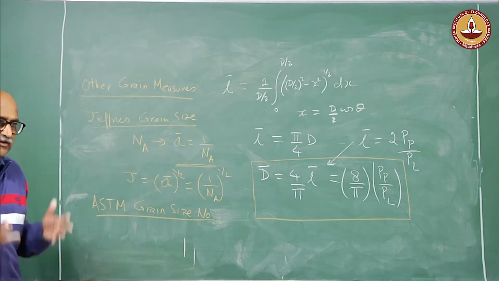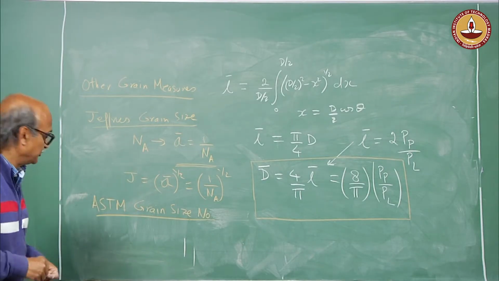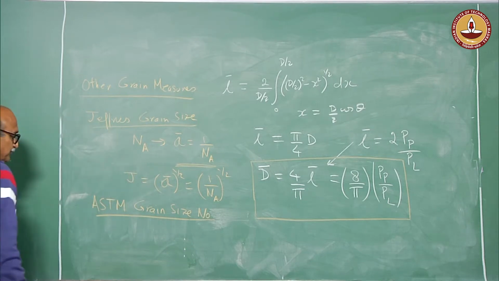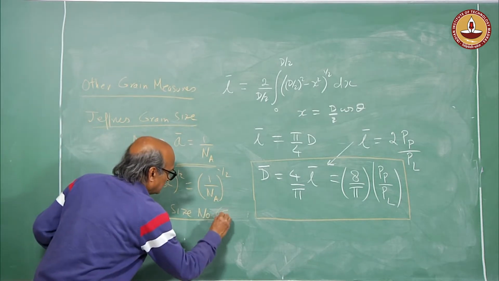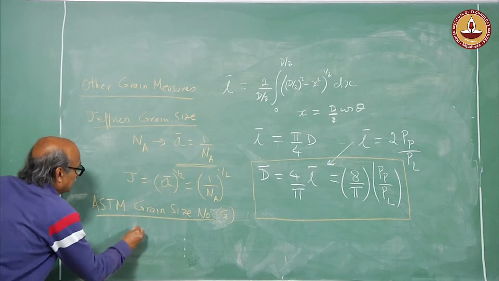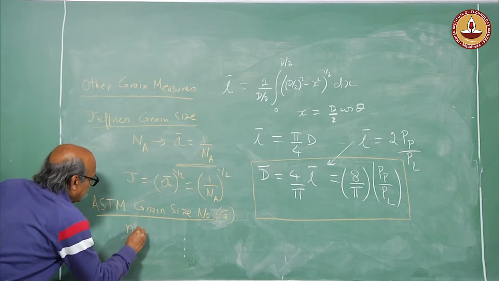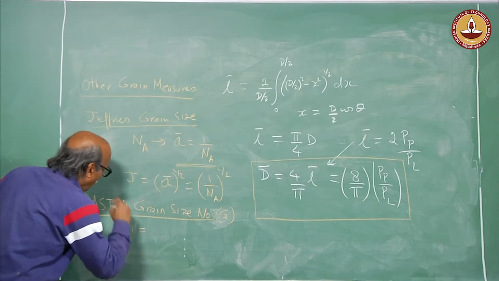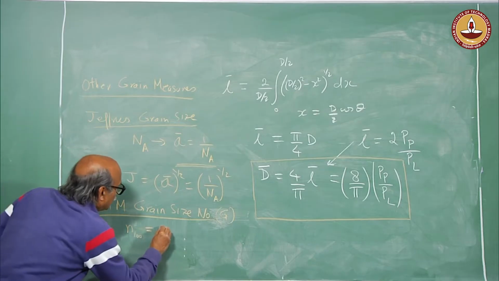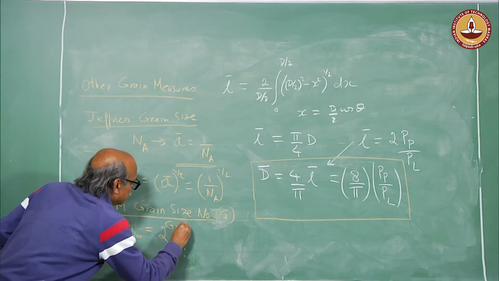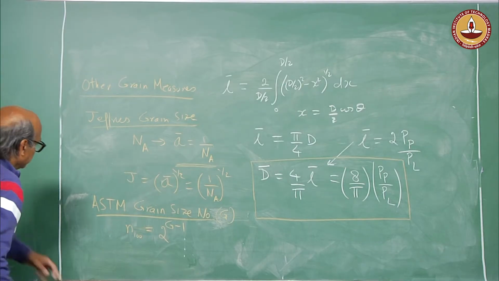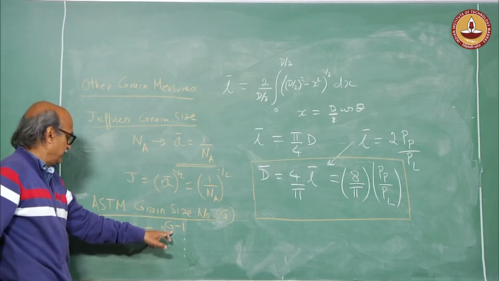Many industries still use it as a quality control measure, and it is defined in the following way. ASTM grain size number, I will designate that as G, then this is given by the following expression: N 100 is equal to 2 to power G minus 1. G is the ASTM grain size number.